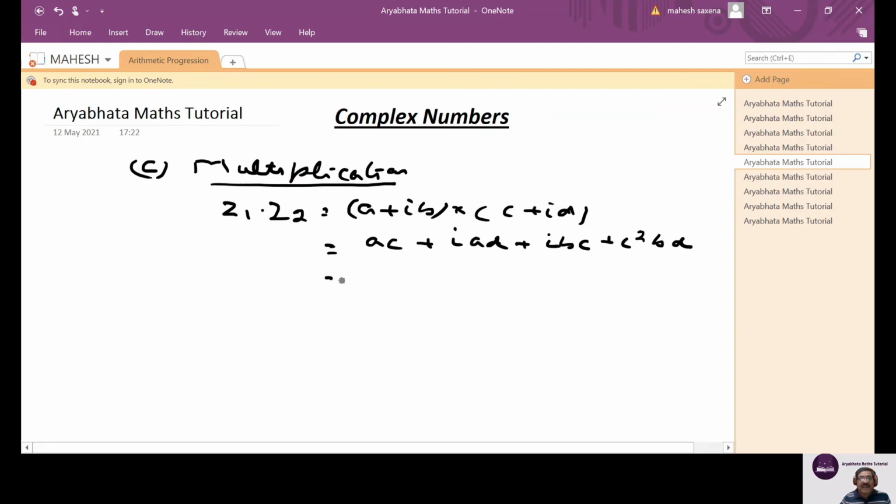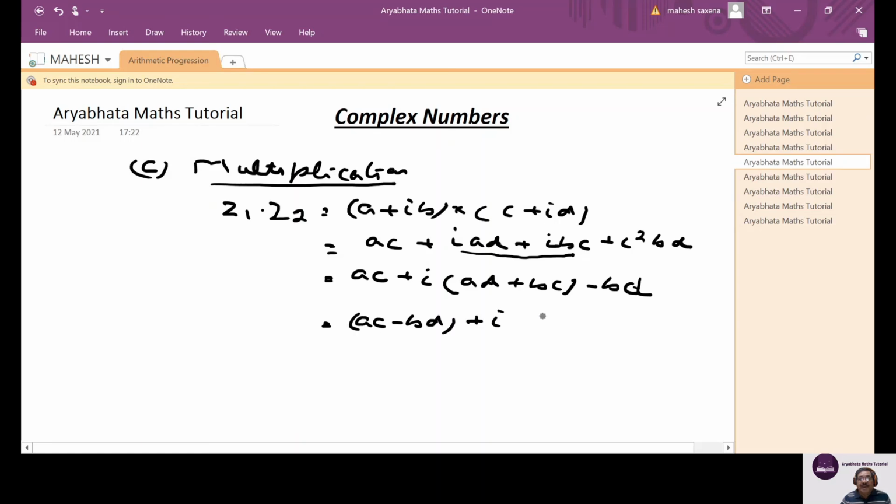You can write it as ac plus i, taking i common between these two, i into ad plus bc. i square is minus 1, so minus bd. Therefore, it is equal to ac minus bd plus i common ad plus bc.